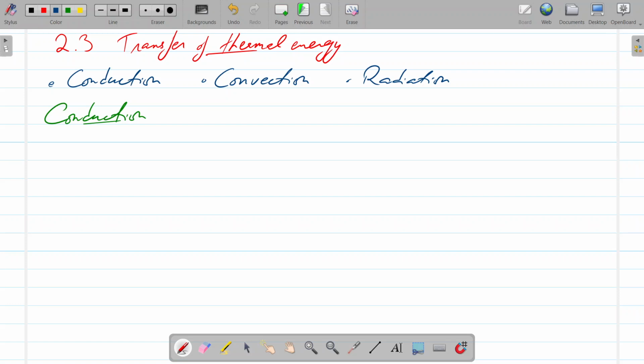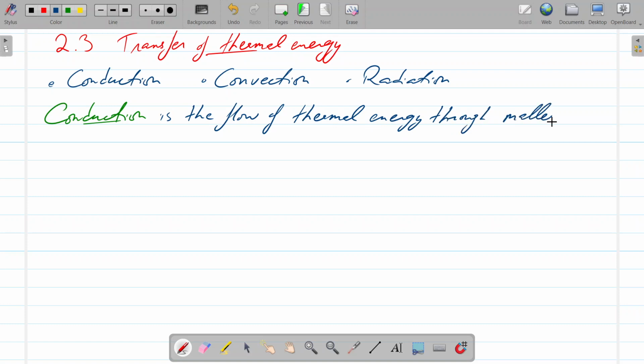So what is conduction? It is the flow of thermal energy through matter, from places of higher temperature to places of lower temperature.